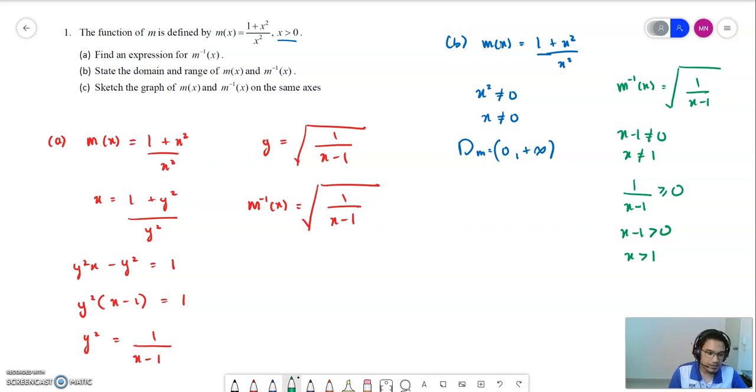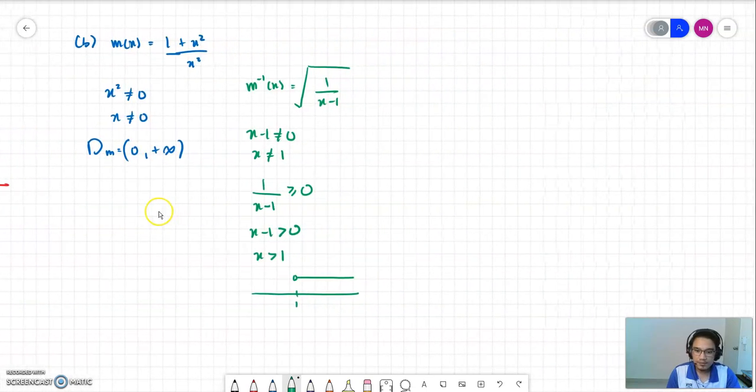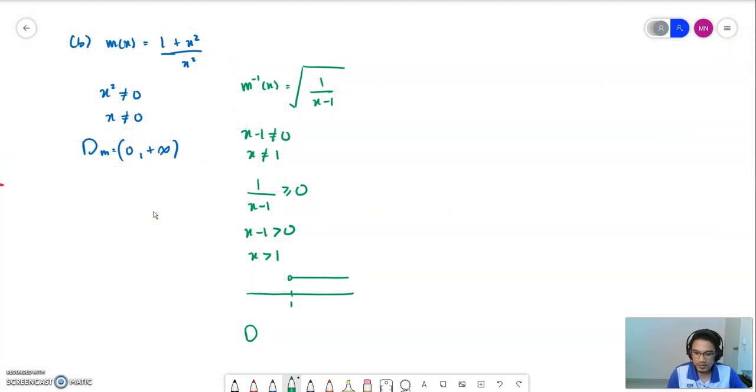From the inequality, we know that the domain for m inverse is from 1 until positive infinity. So back to the concept of the inverse function.